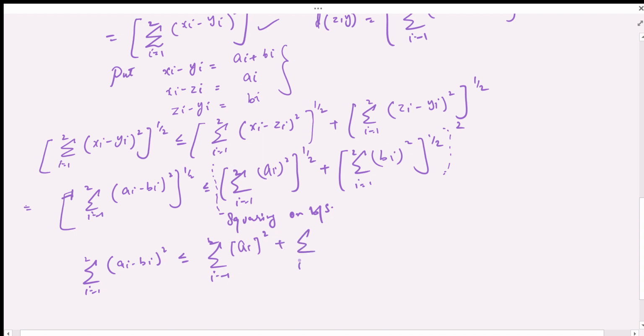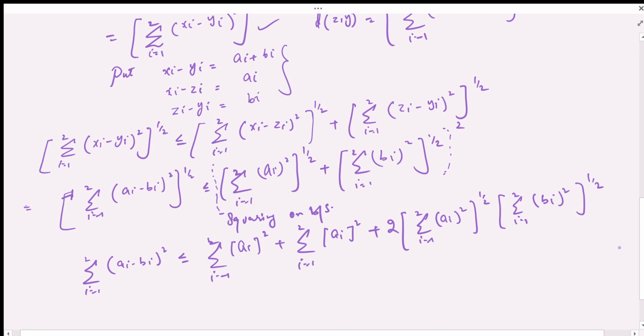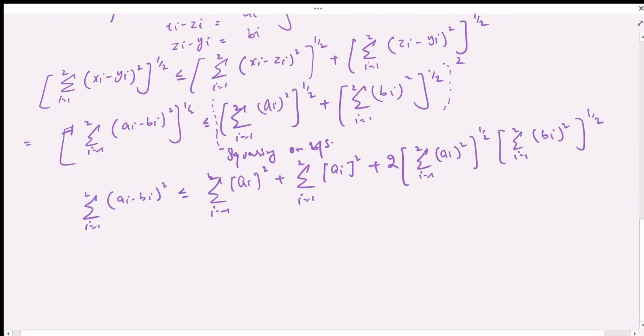Then give the square to this term: summation i equal to 1 to 2, ai square, then plus 2 times this and this, twice ab, so it is 2 times summation i running from 1 to 2, ai square, 1 over 2, and summation i running from 1 to 2, bi whole square, 1 over 2. Now it's a simple calculation, so you can expand this also.